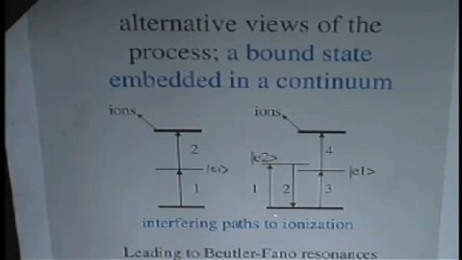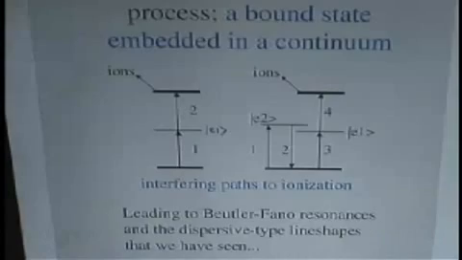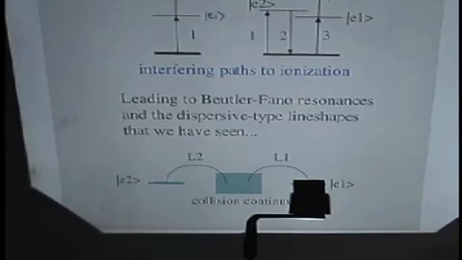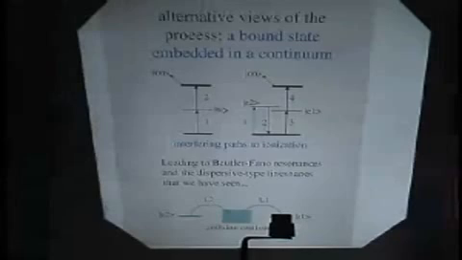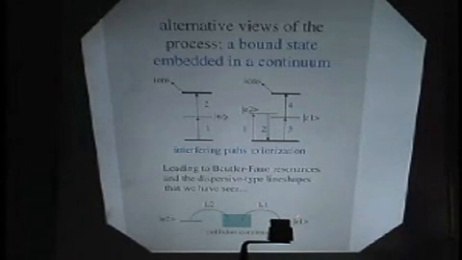We have one photon driving us up, another photon driving us down, and then we do the same two-step ionization. So there's two paths leading us to ions, and they interfere, and we can make this interference be constructive or destructive. It's Euler-Fano resonances all over again, and the dispersive type line shapes that I've been showing you.